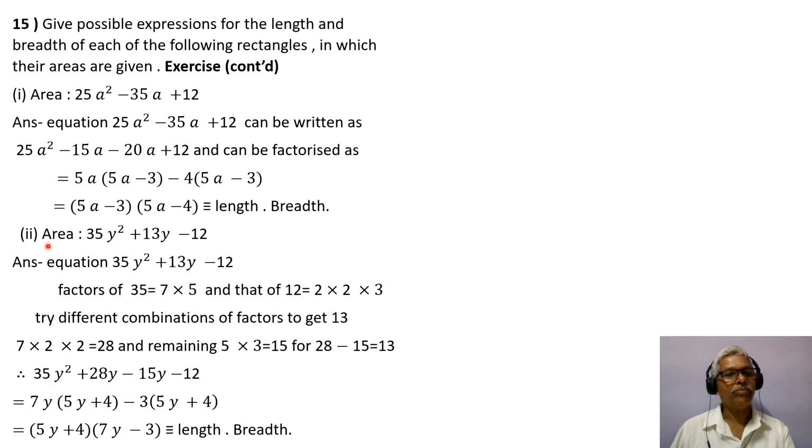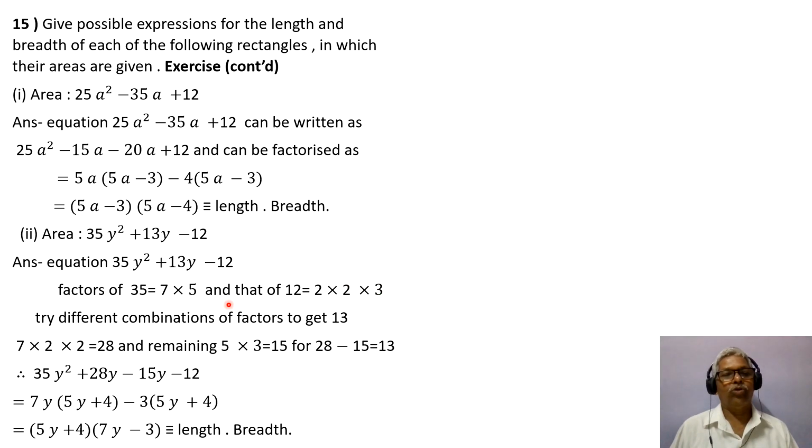Second one, area is 35y square plus 13y minus 12. Answer: the expression 35y square plus 13y minus 12. See, I am trying to show you how this is to be formed. 35 is 7 into 5 and 12 is 2 into 2 into 3.